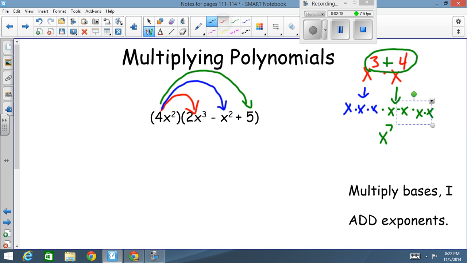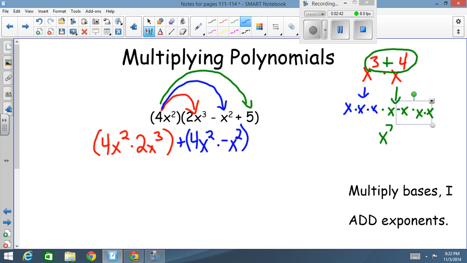So what they're basically saying is, okay, 4x squared times 2x to the third. That's that first multiplication there. And then the blue multiplication is 4x squared times negative x squared.